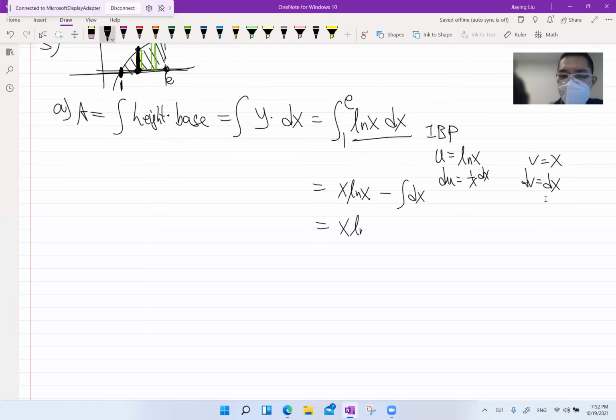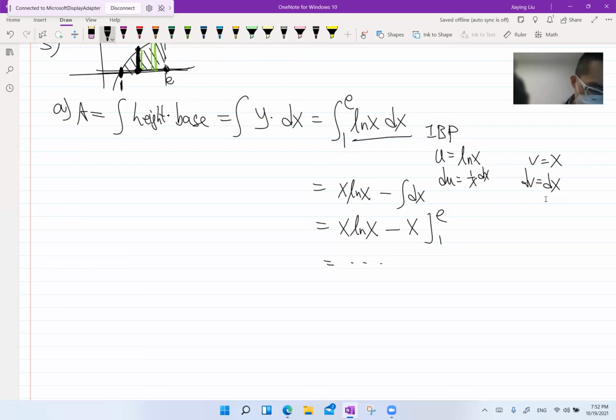So that's x natural log of x minus just x, evaluated from 1 to e. And the natural log of e is 1. Natural log of 1 is 0. So if you put those terms in there, you should be able to get a final answer. If not, just plug them in and leave it the way it is. So that's the area for part A.